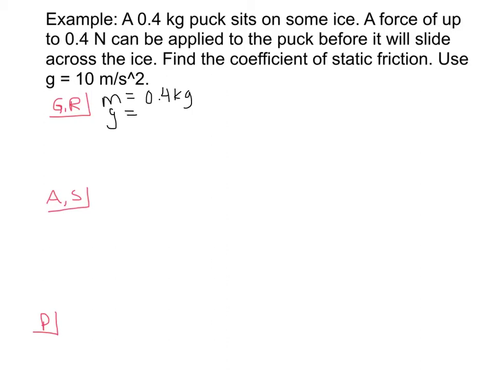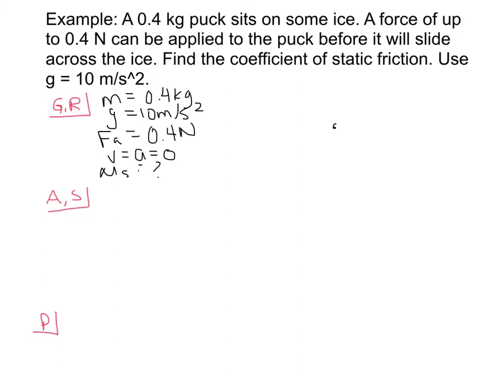We have acceleration due to gravity. We have the applied force, the max applied force that's used. And we know that it's not moving in the scenario because it's just before it starts to move. So V and A are both 0, and we are looking for mu s.